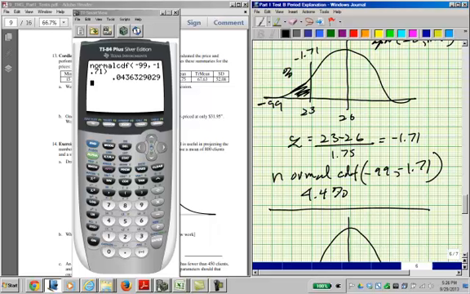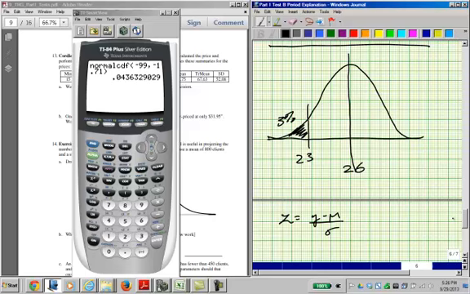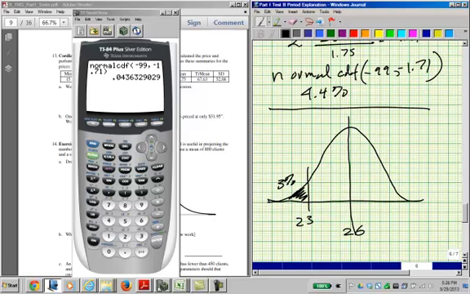So if we want this percentage to go down to 3%, then the standard deviation is going to have to get bigger. Why? Because the standard deviation has to get bigger for the percentage to go down. The bigger the standard deviation, the smaller the percentage in the tail.